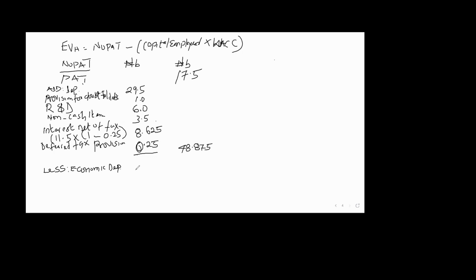Economic depreciation, how much, please? 5. So 41.5 to be deducted.